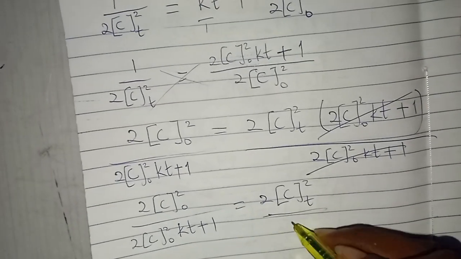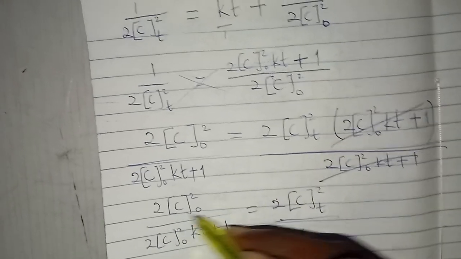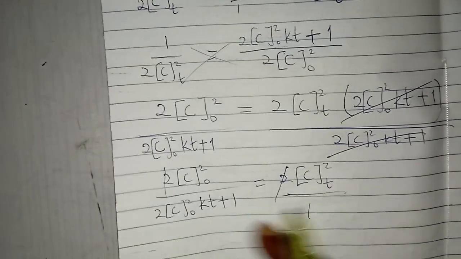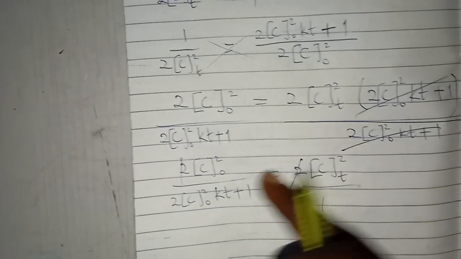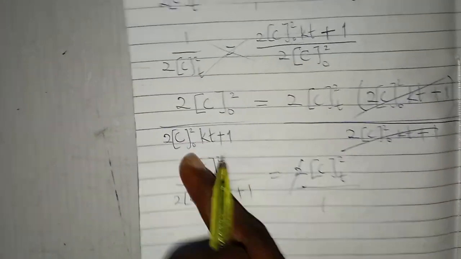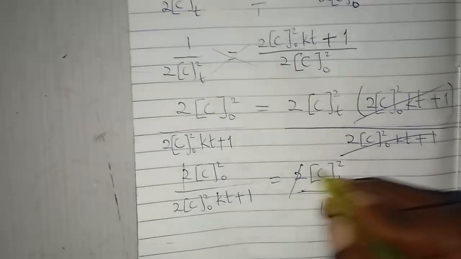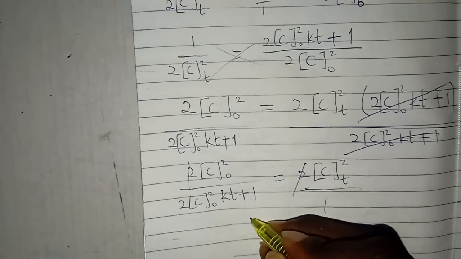So anything standing on this one is over 1. There is 2 here, there is 2 here, 2 cancel 2. Whichever way you want to do it. If you do 2 over 2, that means you have to divide by this 2 at the end, so it's better you do this and this. So we can eliminate this square by taking the square root of both sides.